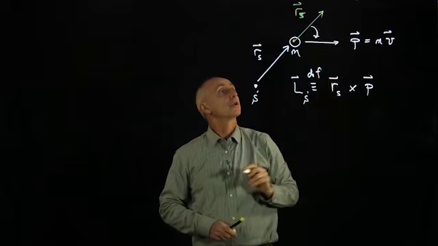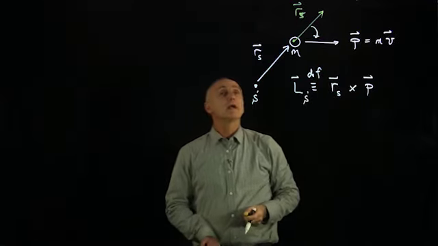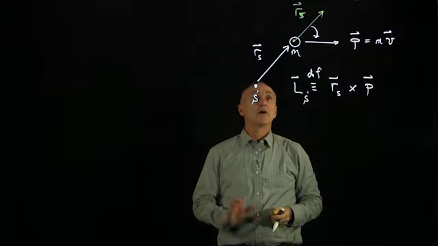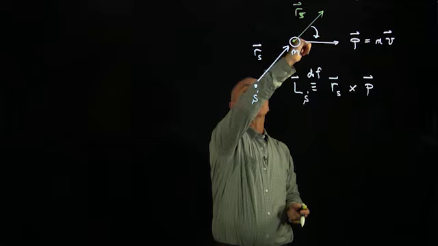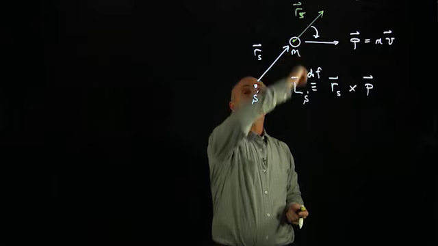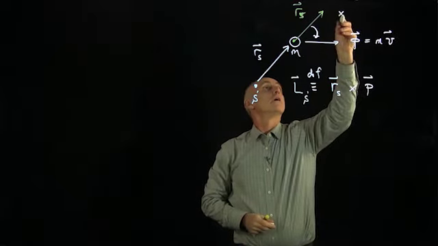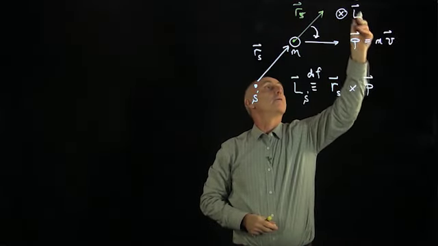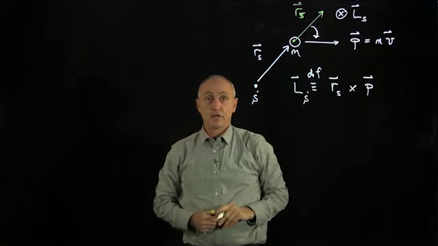Remember, cross and vector products are the same thing. And now we want to use our right-hand rule to get the direction of the angular momentum. So we curl our fingers, and notice in this case it's pointing into the plane of the figure. And so the direction of the angular momentum about S is given into the plane of the figure in our light board.